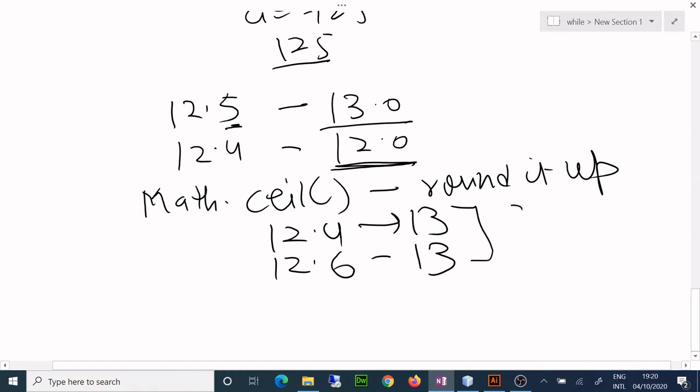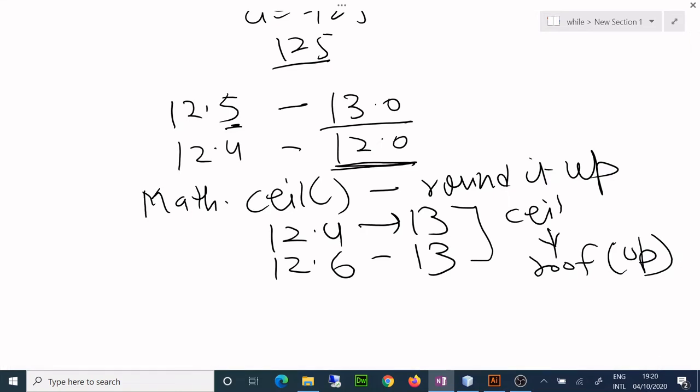So rounded up. Ceil, C-E-I-L, means ceiling, that is roof. Roof is always up, so just keep in mind like that. Ceil means ceiling, so it will round it up, even if it is 12.4 or 12.5 or 12.6.